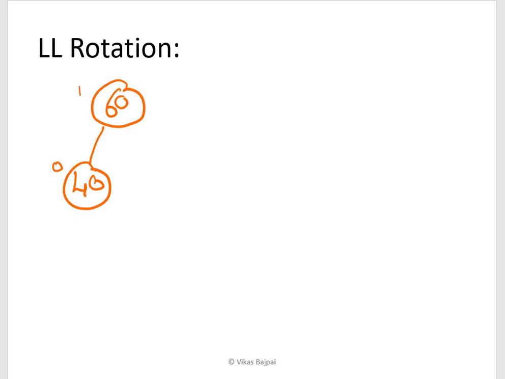Now let me add another value, which is 20, and just because of this value 20 on the left-hand side, the problem I am going to face is that the new balance factors are 0, 0 minus 0, 1 minus 0, 2 minus 0, 2.